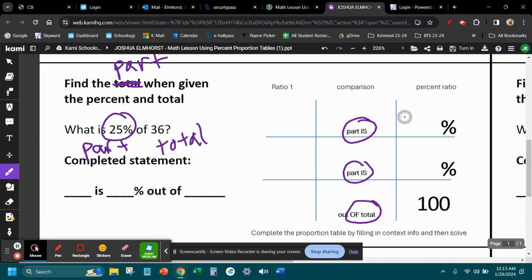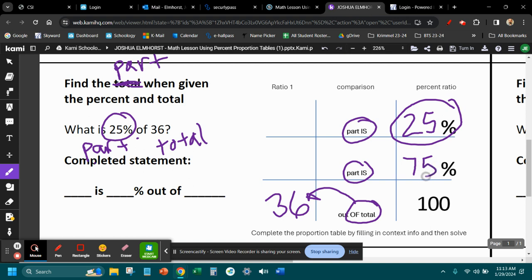So we have 25%, of is down here, so we're going to put 36 down below. So what's the other missing percent? If this is 25, what's the other percent? 75%. So these two, 25% and 75%, equal 100.